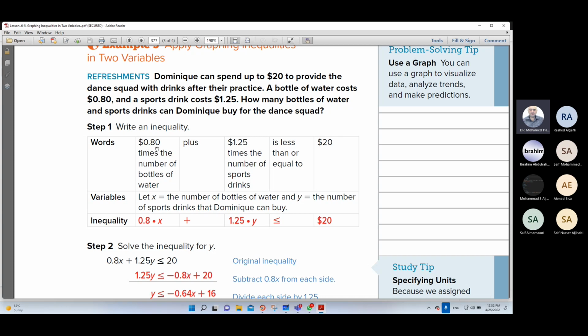So we can write now 0.8 times x plus 1.25 times y less than or equal to 20.